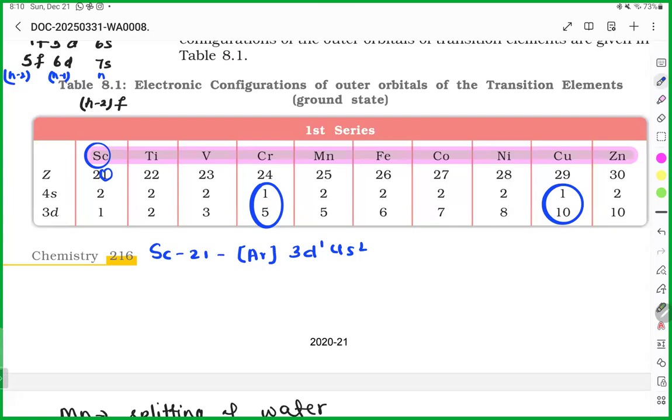Understood? 21 is 3d1, 22 is 3d2, 23 is 3d3, 24 is 3d4, 25 is 3d5, like this, except these two, chromium and copper. Understood? Yes, sir.